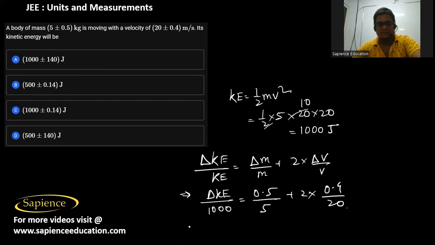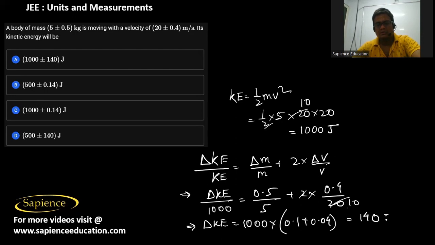So delta K will be equal to 1000 into (0.1 plus 2 times 0.04), so this is 0.14 into 1000. So it is equal to 140 joule. So 140 joule is the error in kinetic energy.